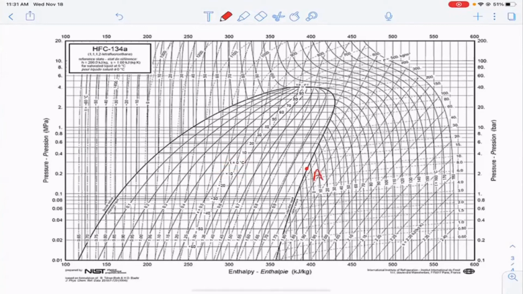So that's state A. And for state A, the enthalpy, when I do that, is approximately equal to 395 kilojoules per kilogram. Okay, so I did that immediately.